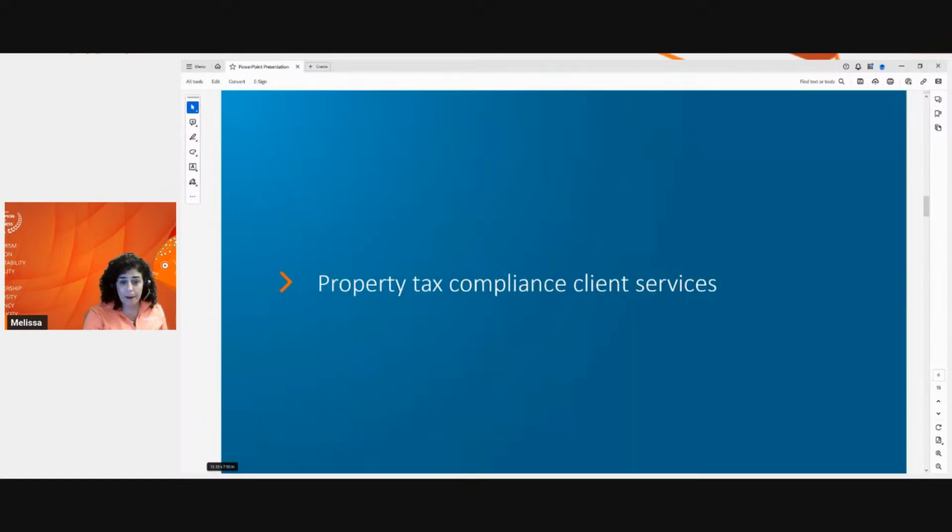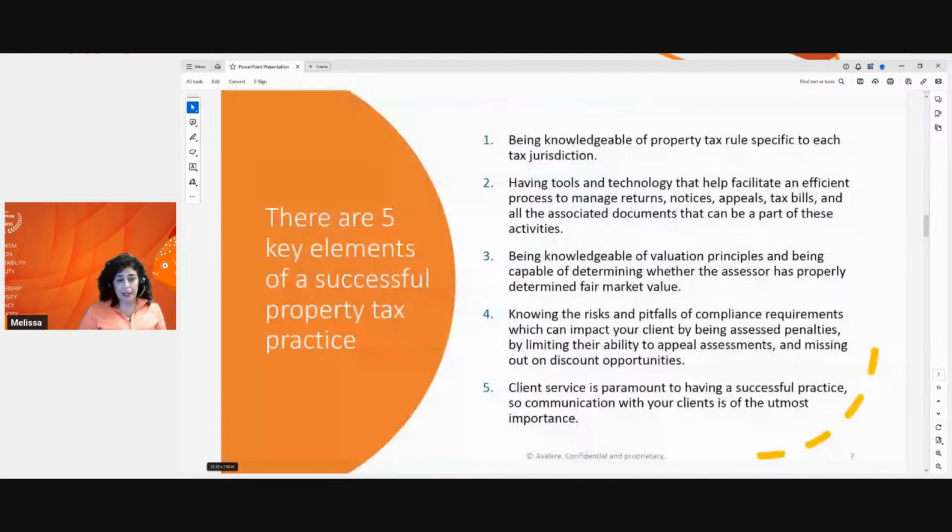When we talk about property tax compliance client services, though, that's a little bit more granular. So you have a property tax practice in your firm and you want to be successful at that, obviously. So first thing, lots of little points here that we'll talk about, but being knowledgeable of the property tax rules specific to each jurisdiction. There are thousands of jurisdictions to deal with when you're talking about property tax reporting and billing.